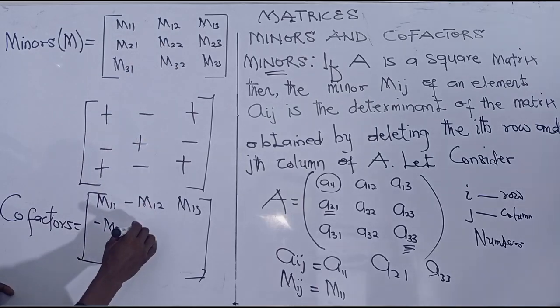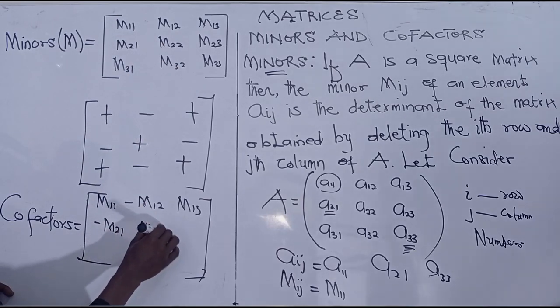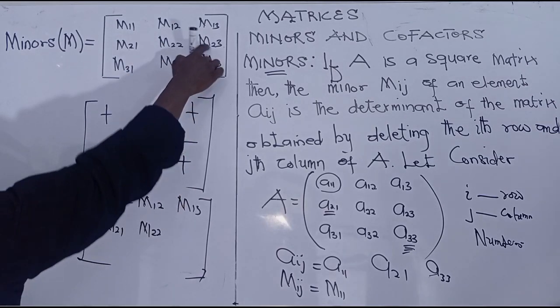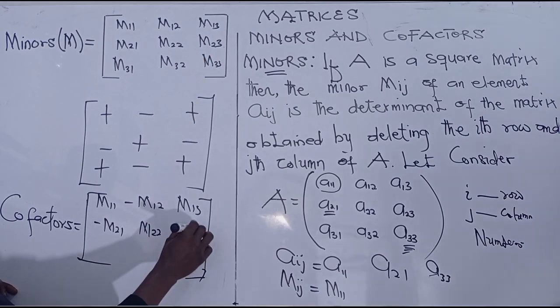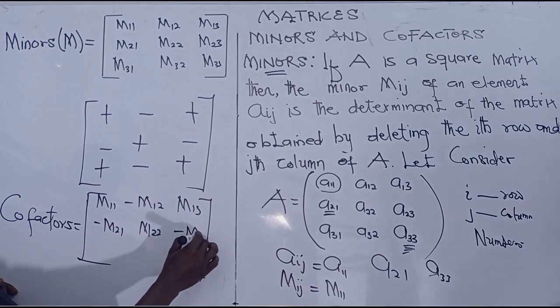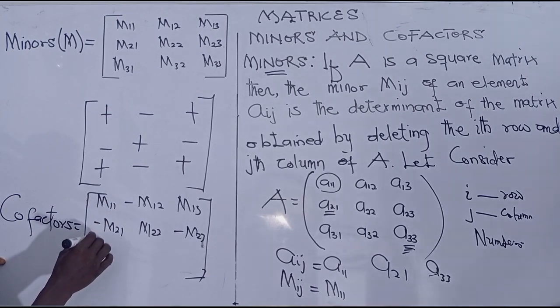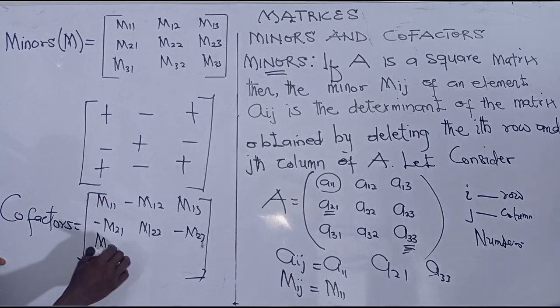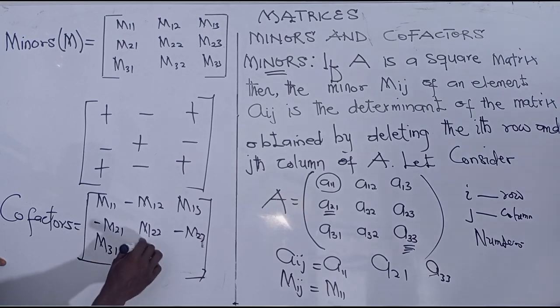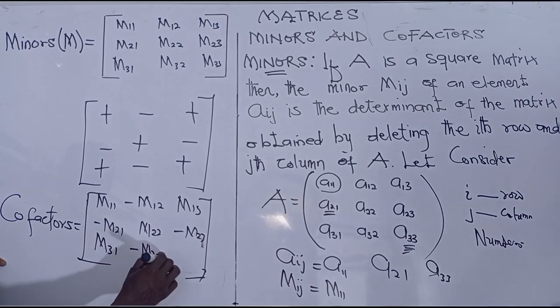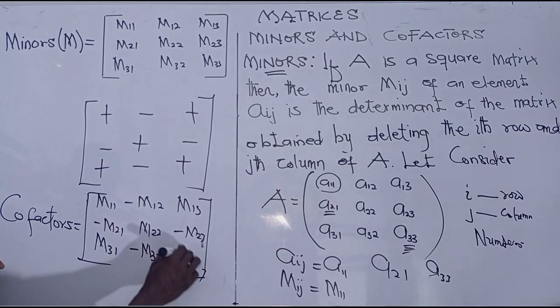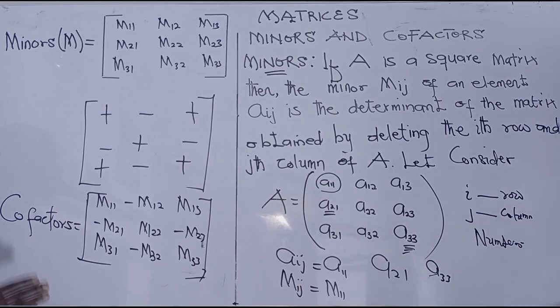Positive times M22 will give us M22. And then minus times this will give us minus M23. And then we have positive times this will give us positive M31. This is going to give us minus M32. And this is going to give us positive M33.